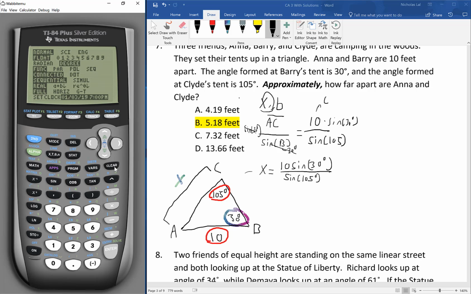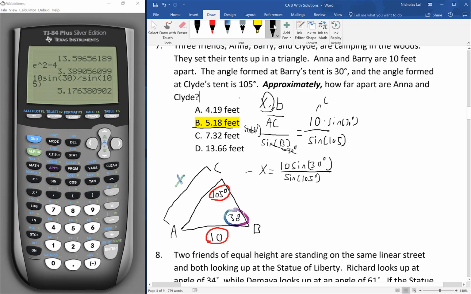We are in degree mode, and then we can do the equation. 10 times the sine of 30 degrees divided by the sine of 105 degrees. That's going to be 5.176, which is approximately 5.18 feet.